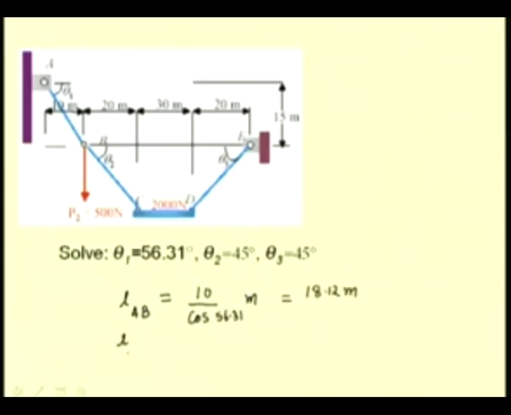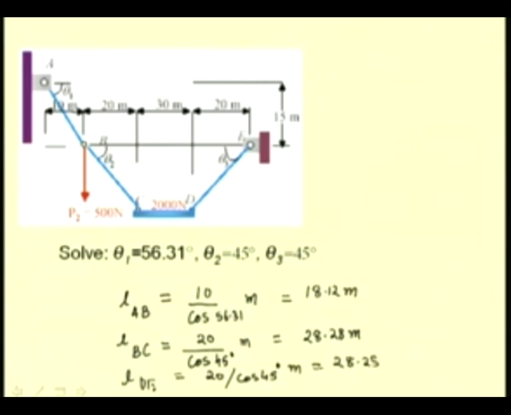Similarly, the length of the portion BC is the horizontal span divided by cos theta 2, which is 45 degrees, which turns out to be 28.28 meters, and the length of the portion DE is equal to 20 divided by cos 45, which is again 28.28 meters.